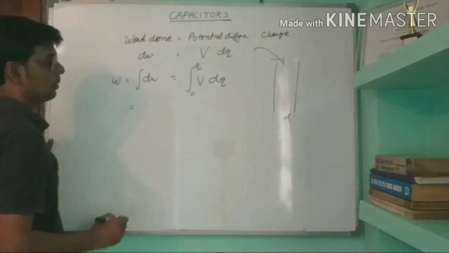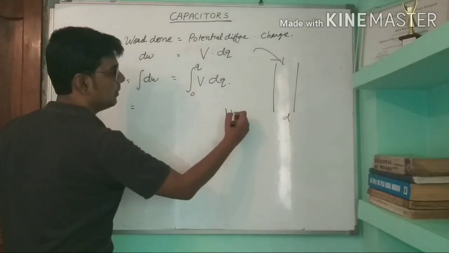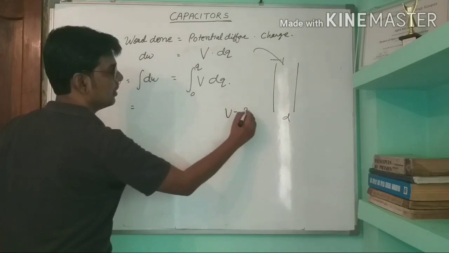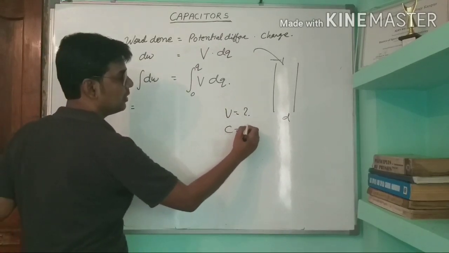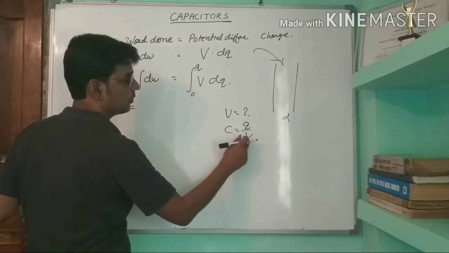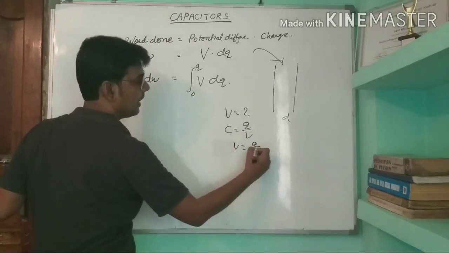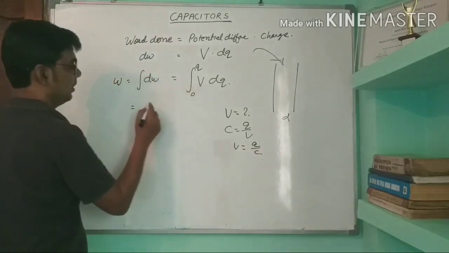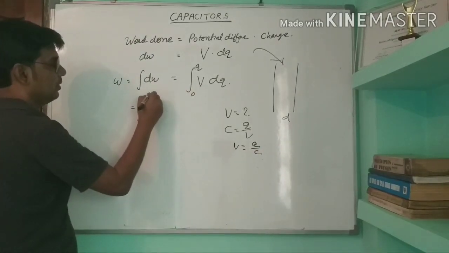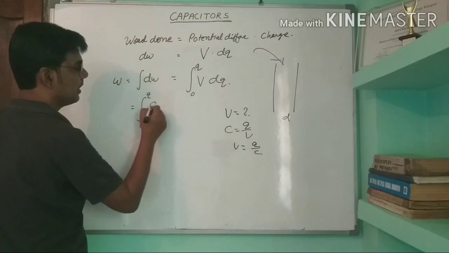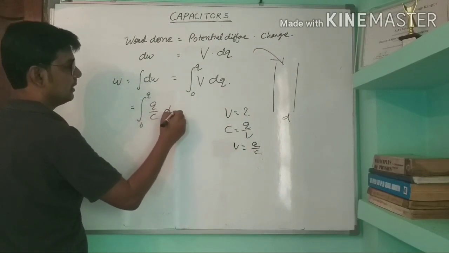Now what is the value of V? We know C equals Q by V. So from here V equals Q by C. So put it here: integral from 0 to Q of (Q by C) dQ.